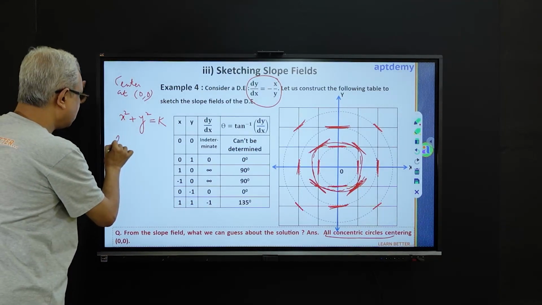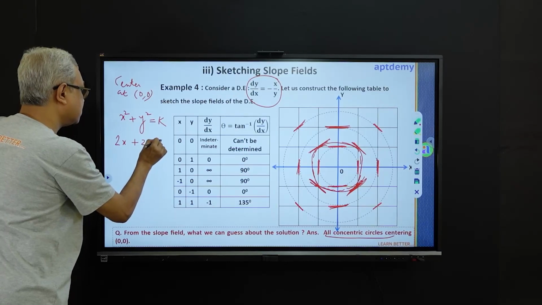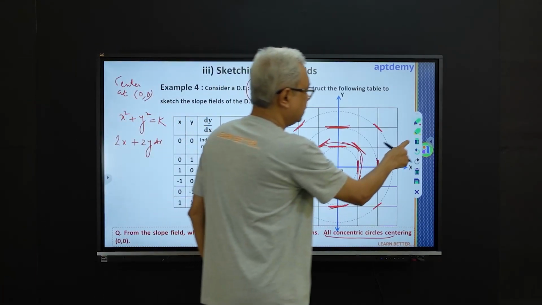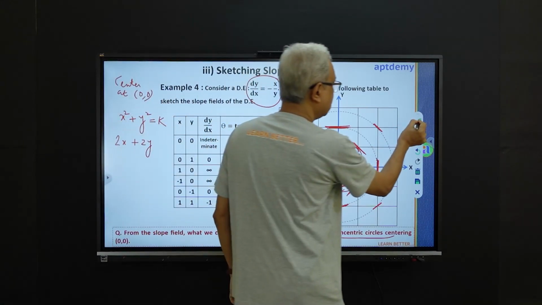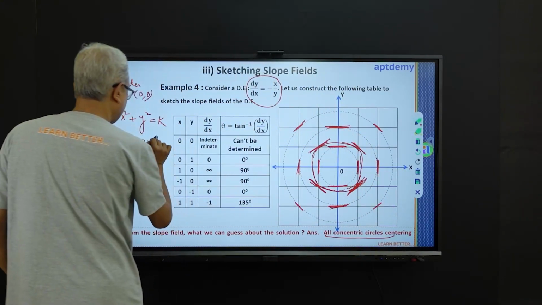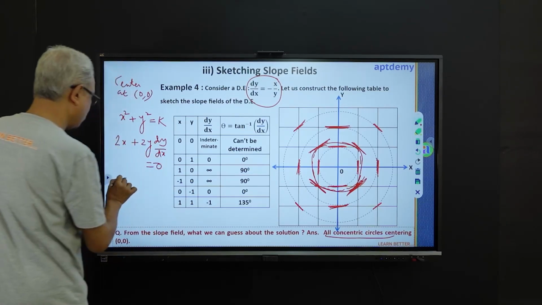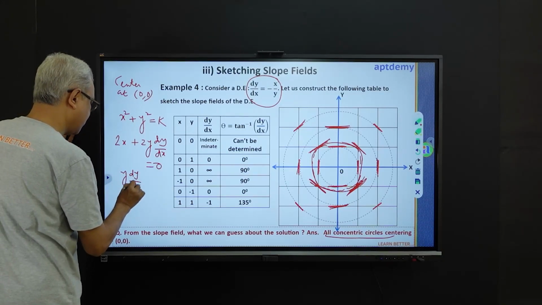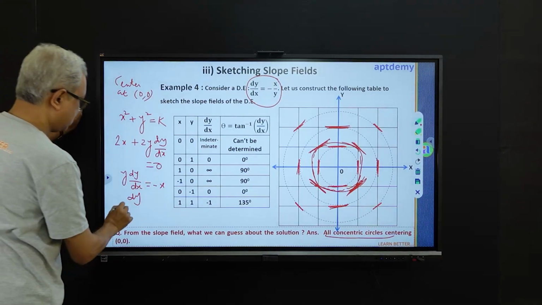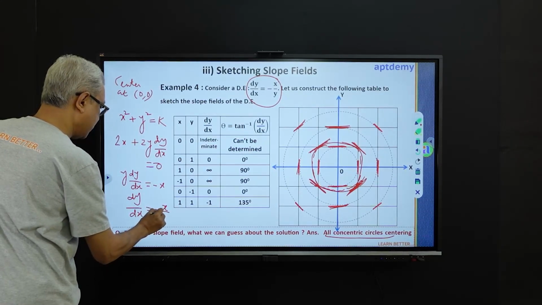And if you differentiate, 2x plus 2y dy/dx equals 0. Therefore, y dy/dx is negative x. So dy/dx is negative x by y.